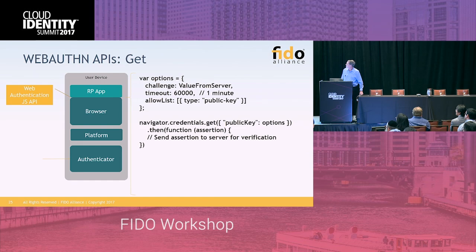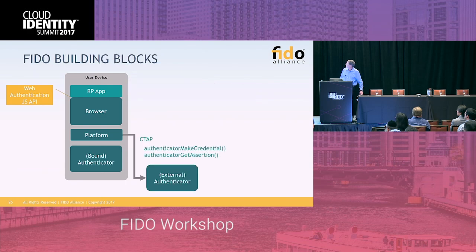After I've done the create, which is actually the registration, I'm going to do a get, which is a verification of that authentication coming in. So I'm going to do a credentials get in this case, and it's going to verify the credentials and send the response back. So there's basically two JavaScript web APIs that will be needed here. And then you can have your options and stuff. And so that's the JavaScript API.